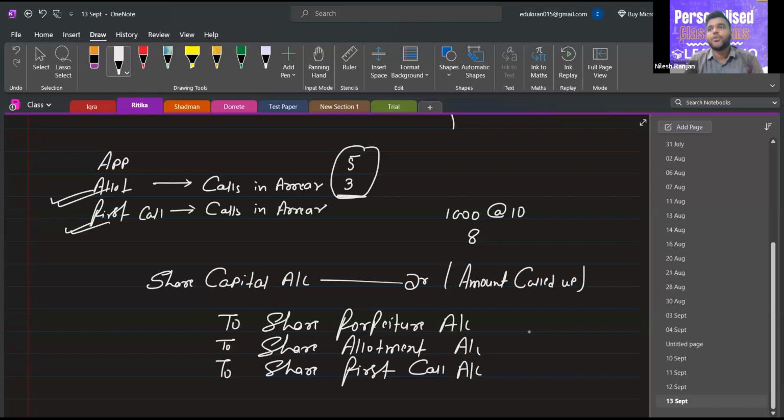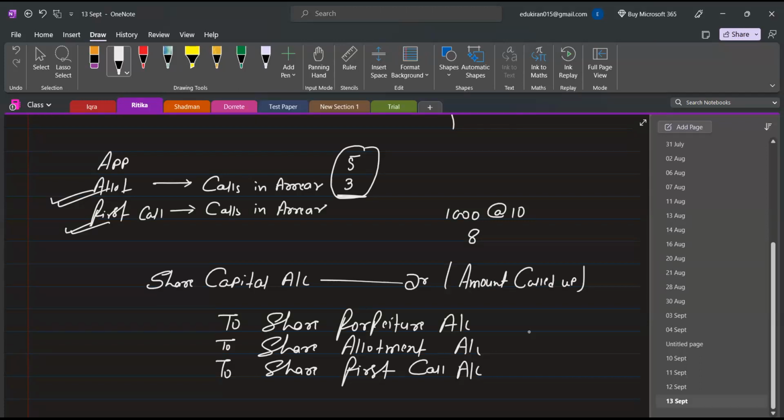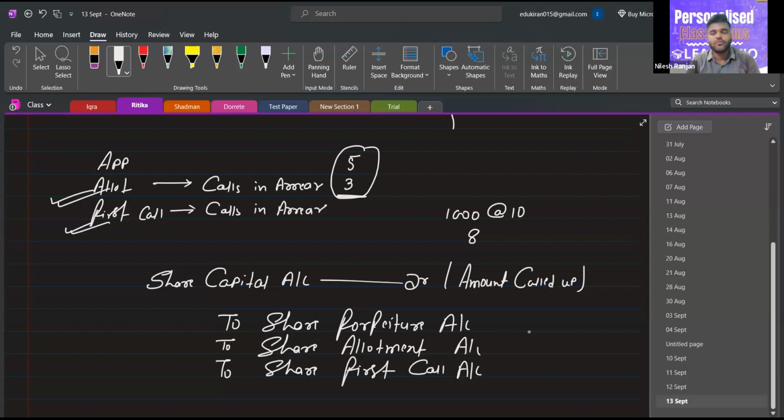A person can forfeit only that amount which is in his hand, that is already received. You cannot forfeit an amount which is not received. Yes, sir.